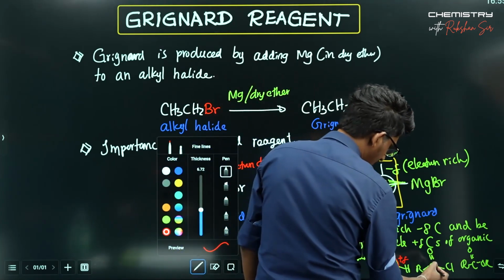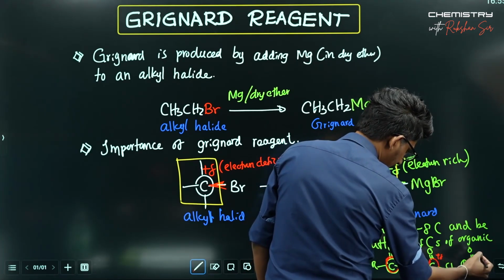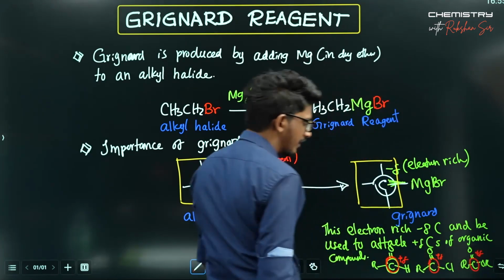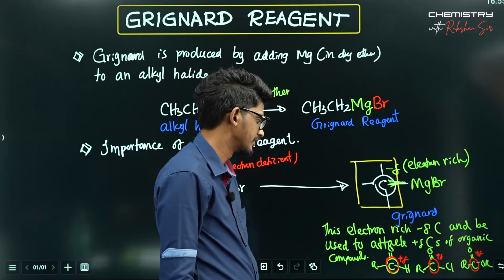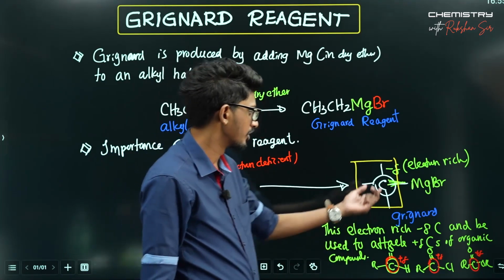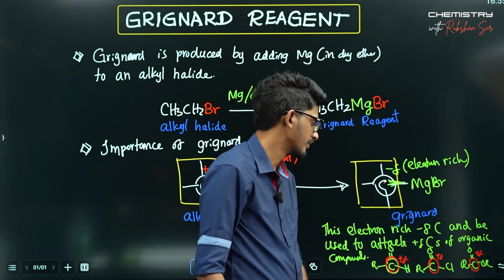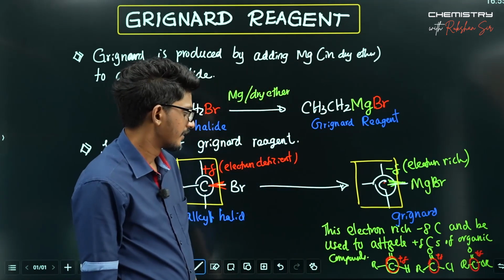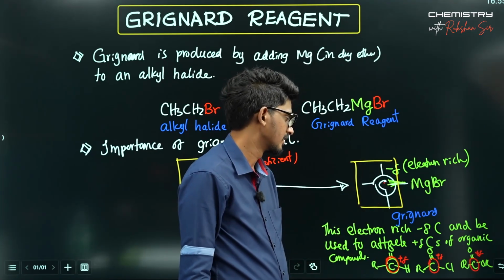To those electron deficient carbons, the Grignard can be used as a reagent to attack. So this electron rich carbon center will attack those electron deficient carbons. So that is the usage of the Grignard reagent.